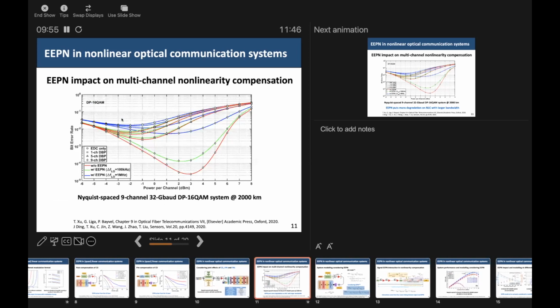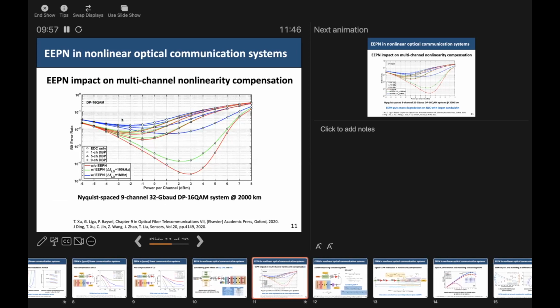In that case, the first work we did was to discuss the impact of the equalization enhanced phase noise in the nonlinear optical communication system, with multi-channel transmission and multi-channel nonlinearity compensation.